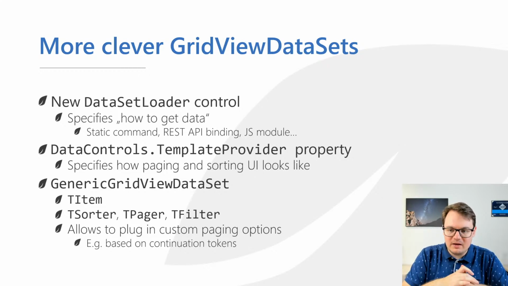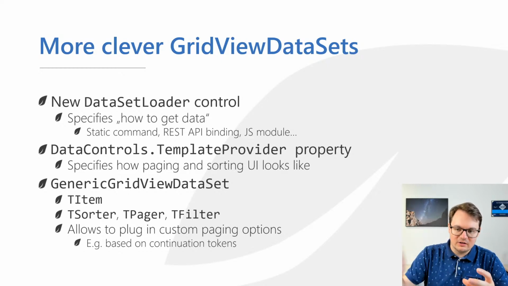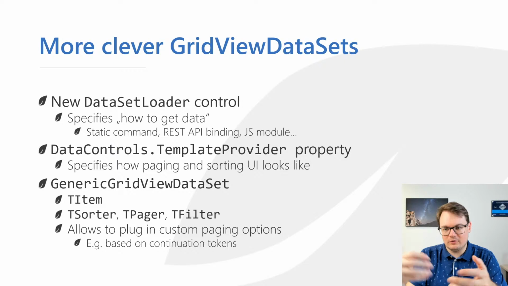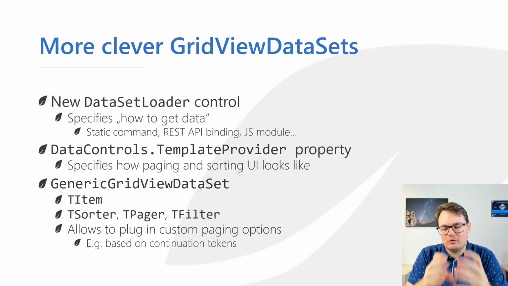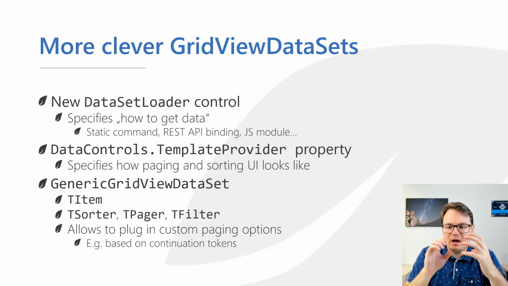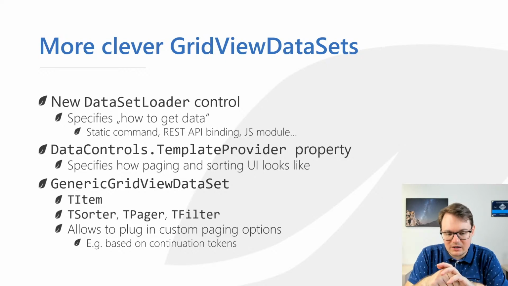The other problem is that, as I said, grid view and data pager generate their own controls with command bindings baked in. If you use data pager, it will render the buttons for numbers for all pages, but these buttons have the command binding inside. If you want to customize how these buttons look and how the data bindings in these buttons work, you need to write your own control.